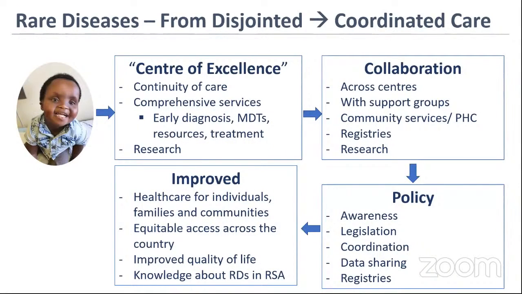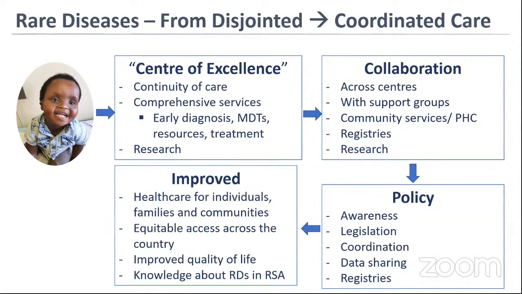The concept of a center of excellence is that there's continuity of care with comprehensive services and research all under the same roof, potentially. It improves collaboration. We need a lot more collaboration across centers, but also towards the community. We need policy which can help raise awareness, but also legislation with regards to data sharing or the establishment of registries.